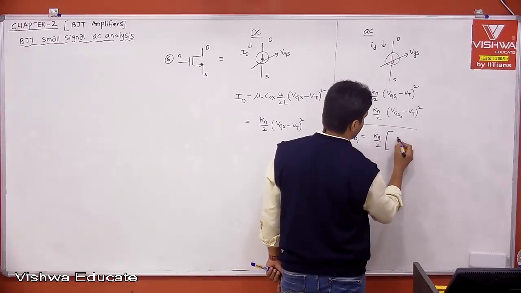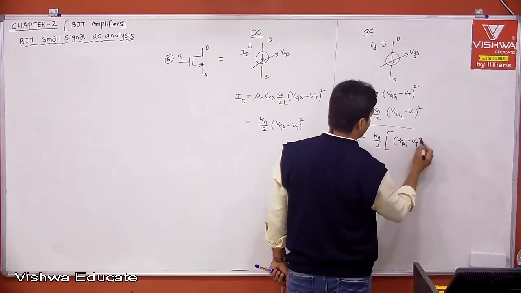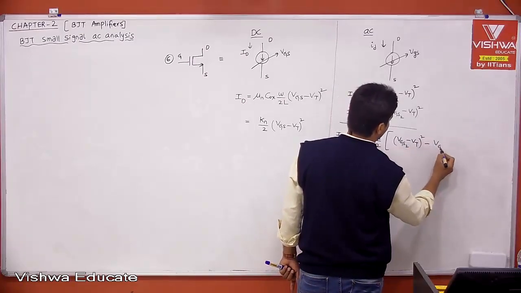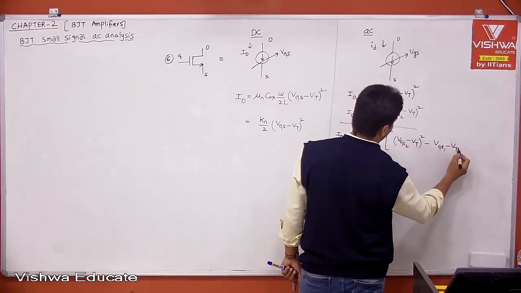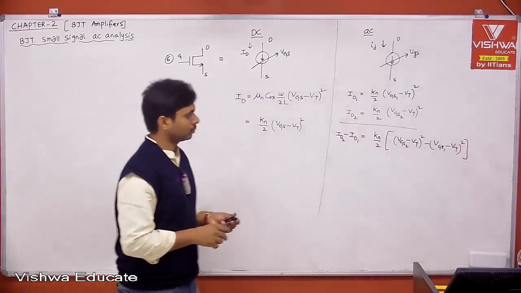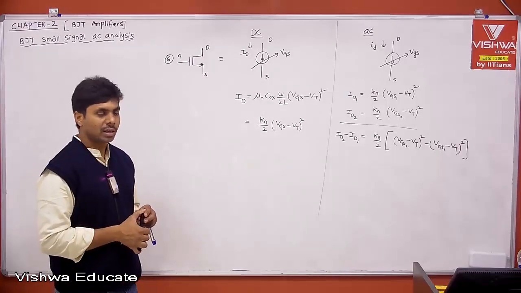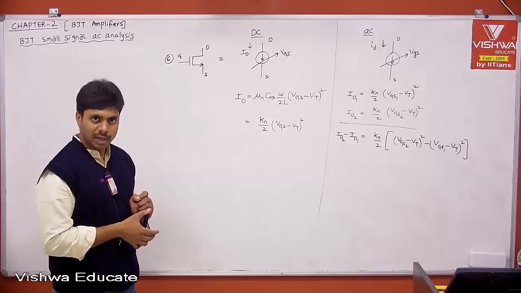VGS2 minus VT whole square minus VGS1 minus VT whole square. Okay, when you subtract you will get something, right? I am not deriving that part for the time being.